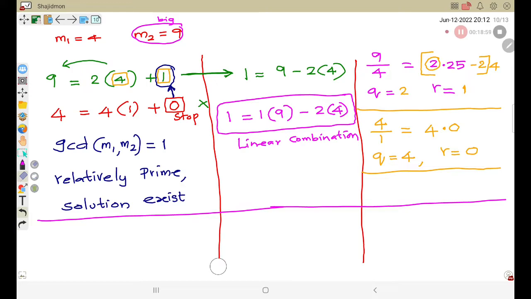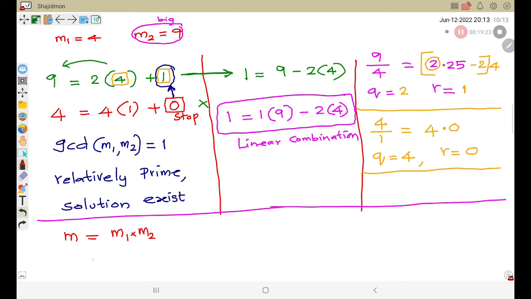What are the numbers we need to calculate in the next step? We need to calculate Z1 and Z2, correct. But before calculating Z1, we need to calculate the M number. M equals M1 multiply M2.